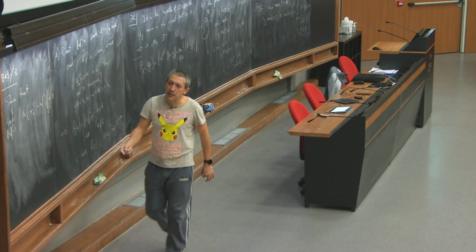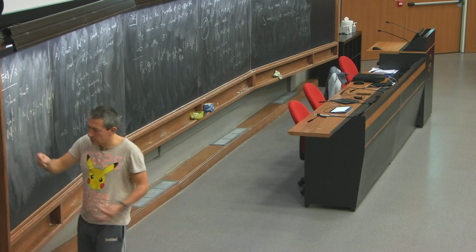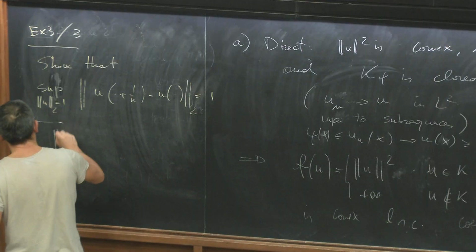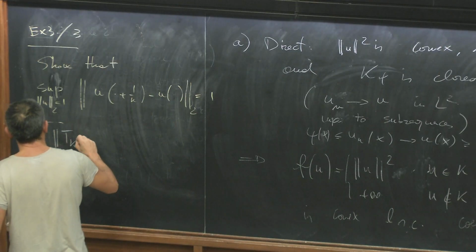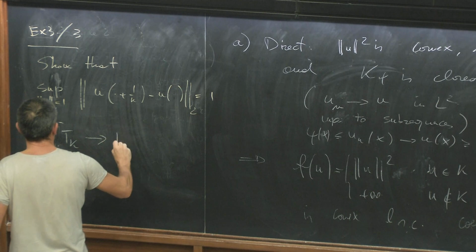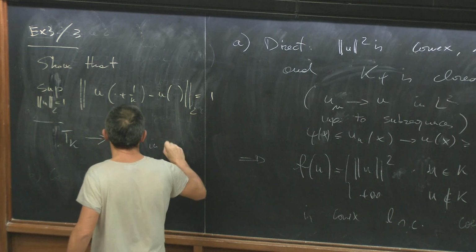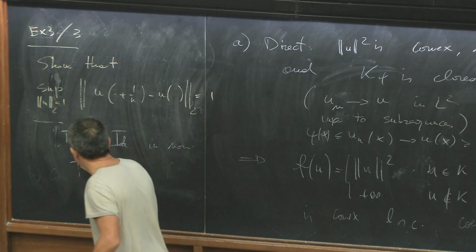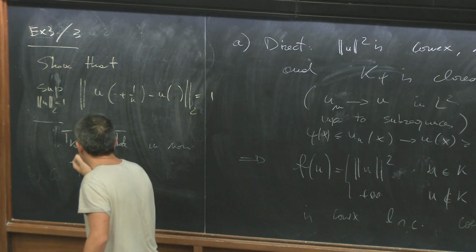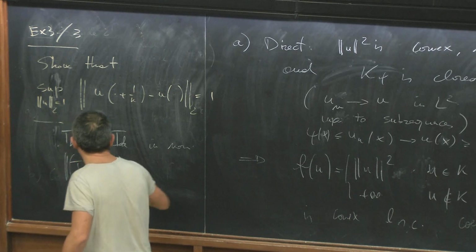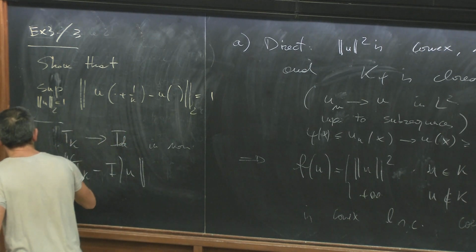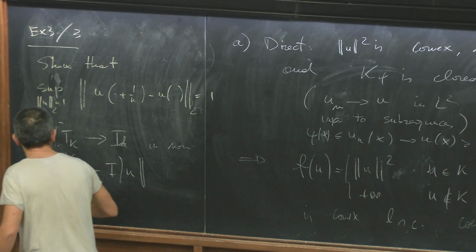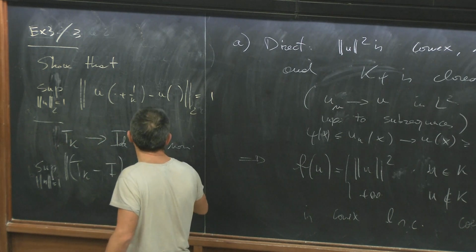Because the question was that T_k does not converge to the identity in norm, and in norm it would mean that the supremum over norm of u equal to 1 of the norm of (T_k minus the identity) u is non-zero.